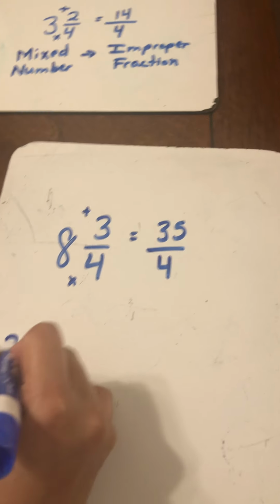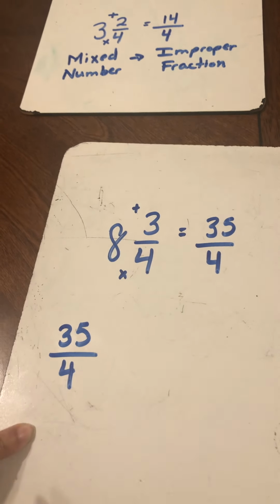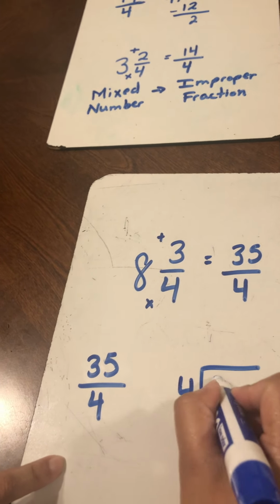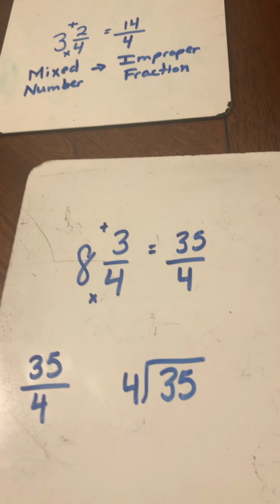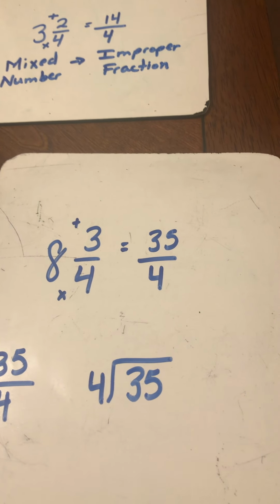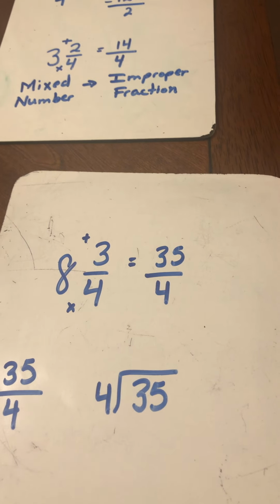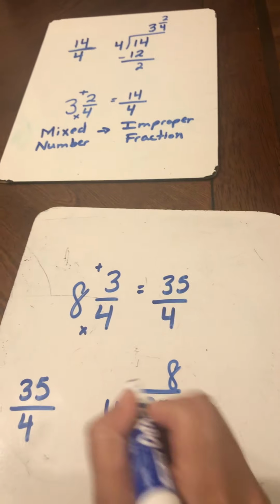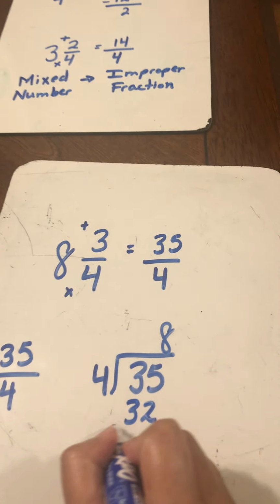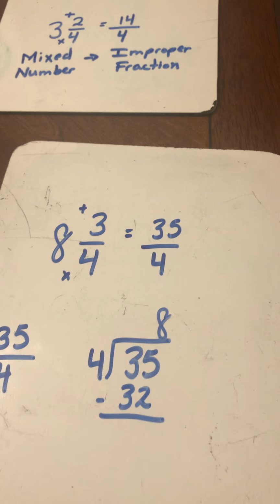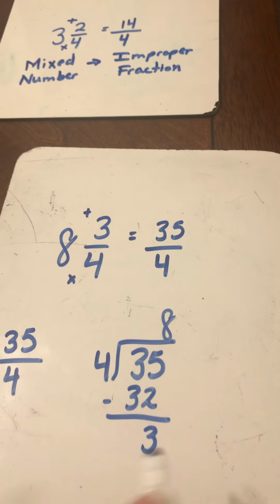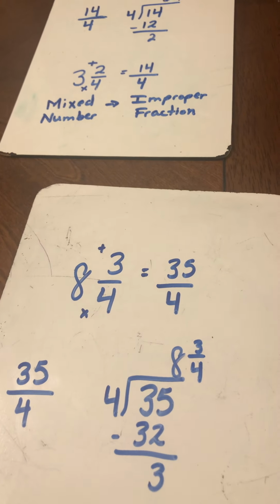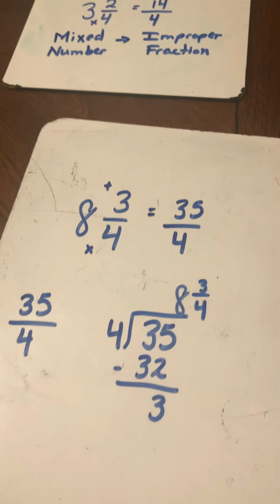And to convert 35/4 into a mixed number, you just divide 4 into 35. So think about your 4 times tables. How many times does 4 go into 35? 8 times, right? 8 times 4 is 32. And then subtract. And that's 3. And the remainder goes over your divisor. So 8 3/4.